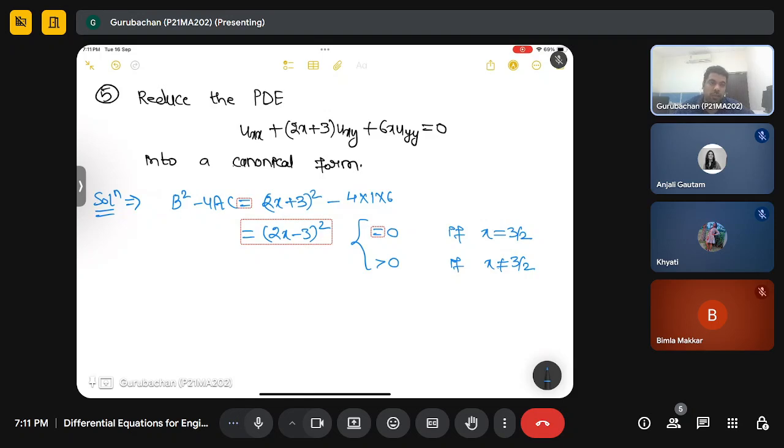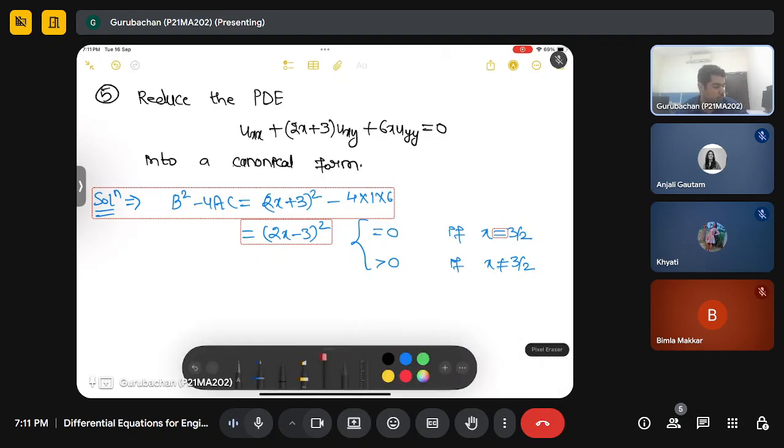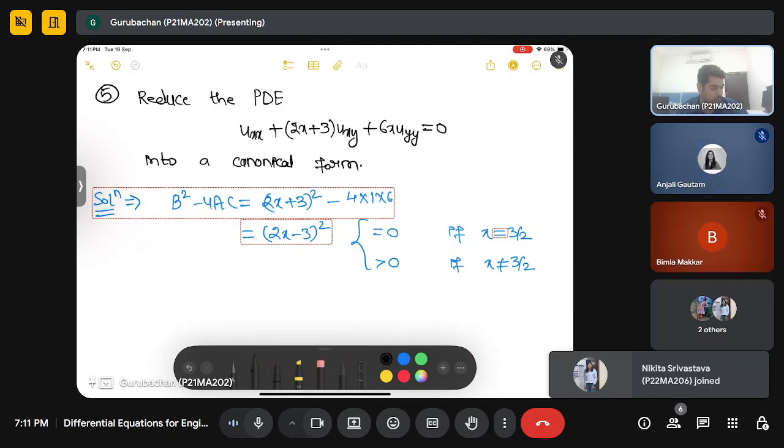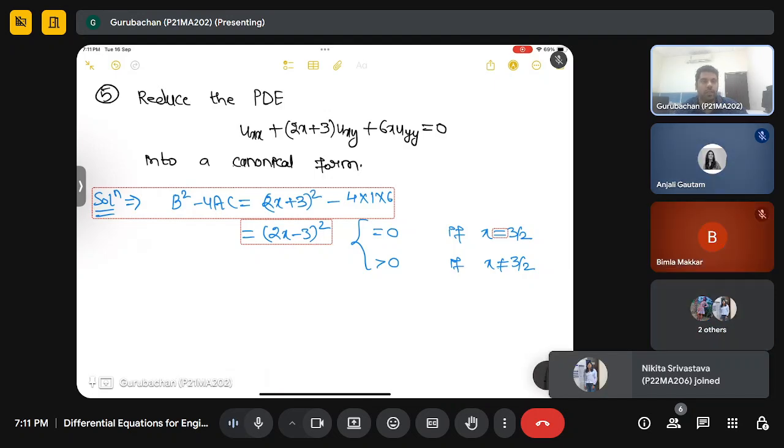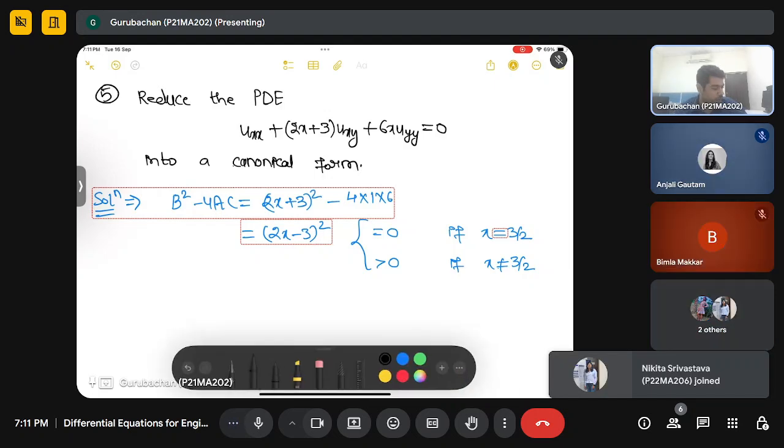So there will be two categories, parabolic and hyperbolic. But in most scenarios, since this is hyperbolic, we mainly focus on that. Although, for practice, we can calculate the parabolic case also. So I'll do two cases, but we majorly focus on this hyperbolic part.